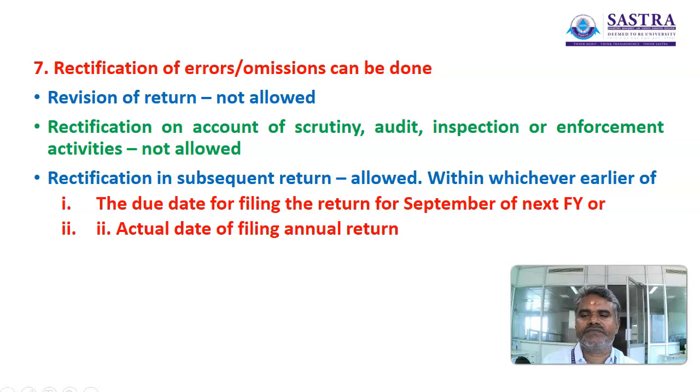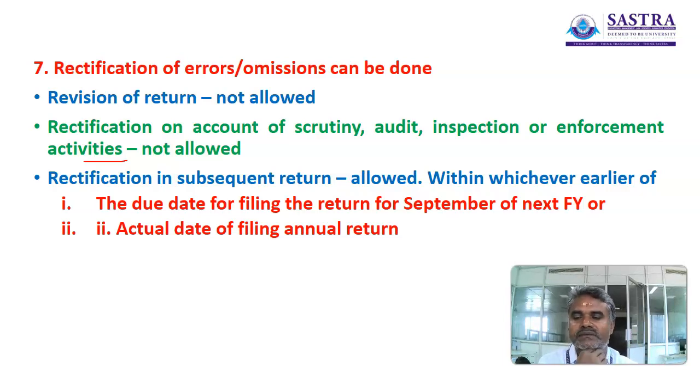Revision of return is not allowed. Rectification on account of scrutiny, audit, inspection and enforcement activities is not allowed. Rectification in a subsequent return is allowed within whichever is earlier. Once you give the information carefully, they will not allow you to file a revised return. It is a one-time submission. That is very, very important.